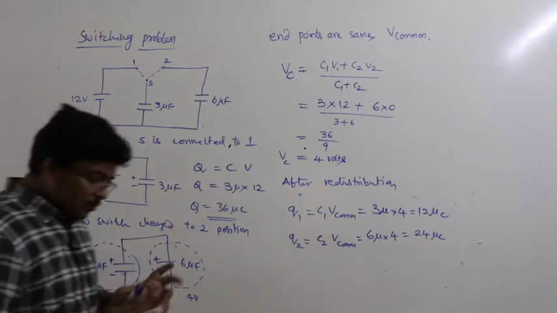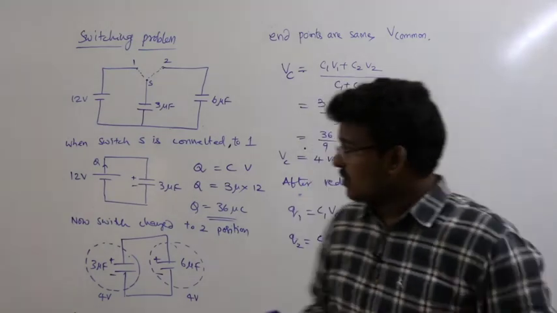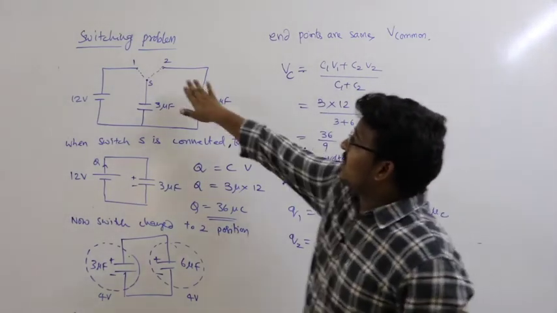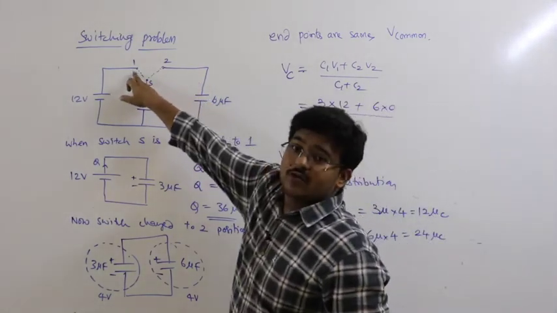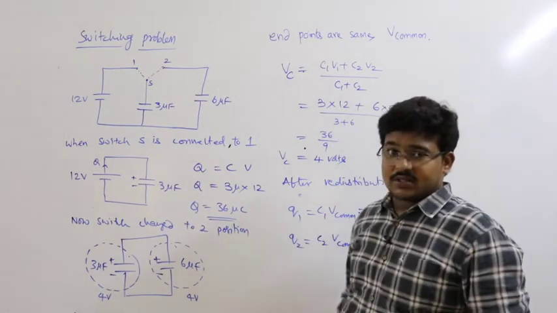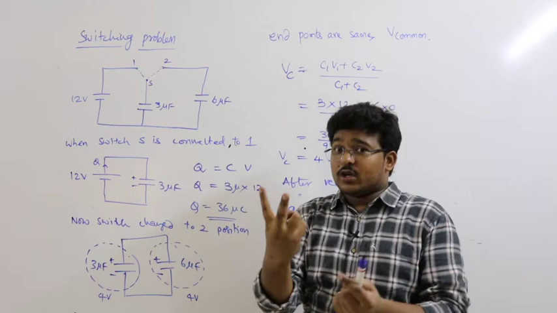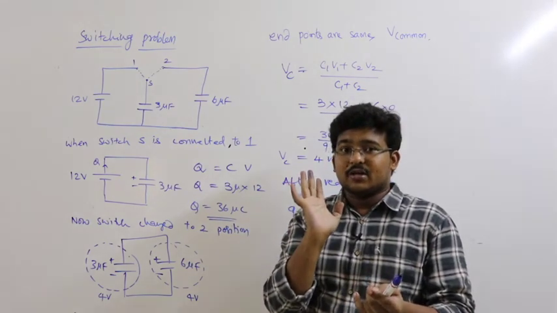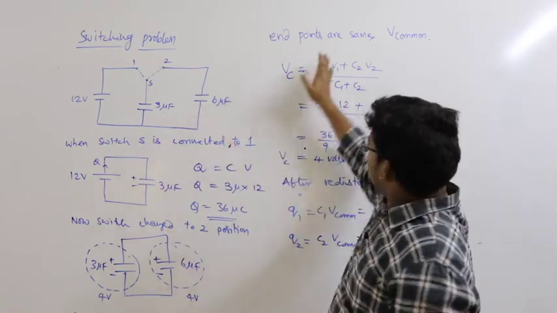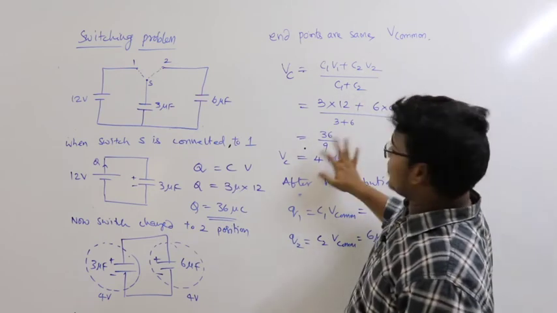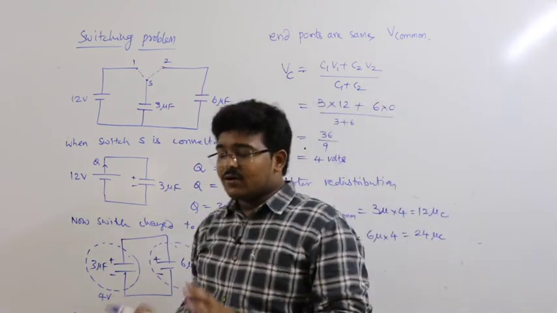And I will tell you one more technique, a quick one. Here initially the switch is connected to the first one, so the total charge is 36. After that the switch is connected to the second one, and there are only two capacitors, so we have the common potential method. The common potential we got is 4 volts, but I will not take that.